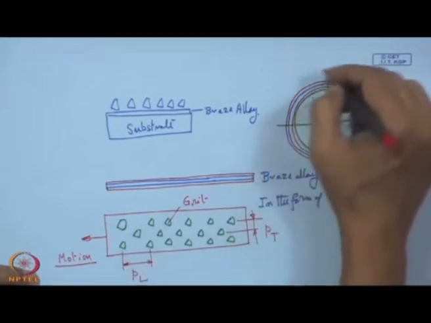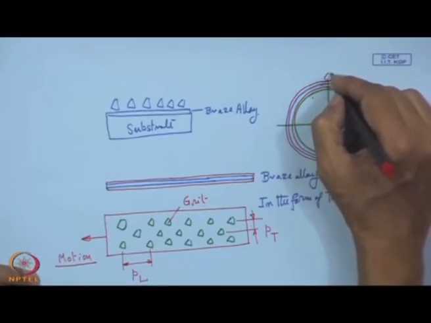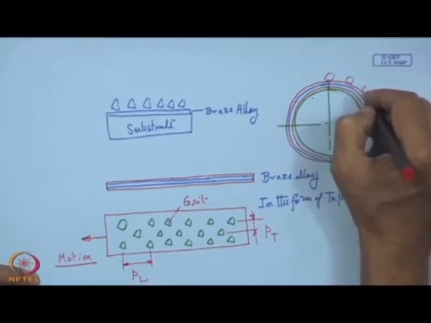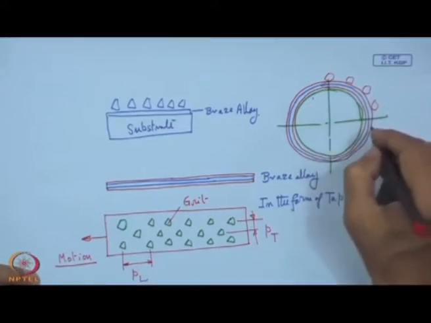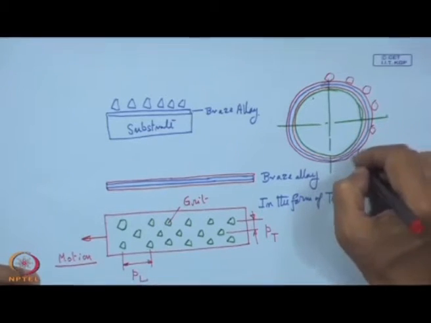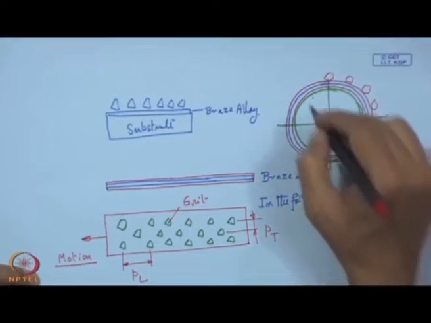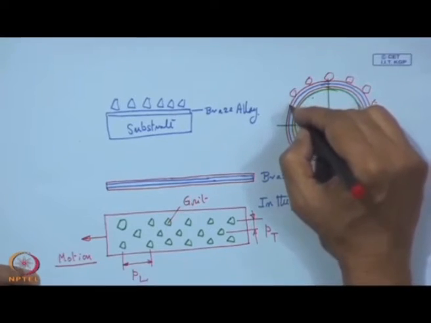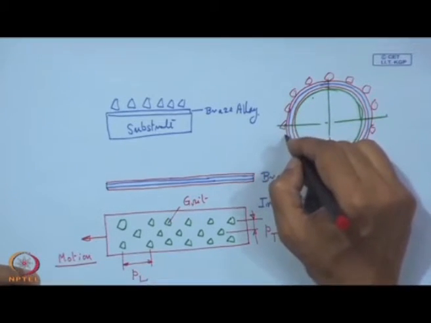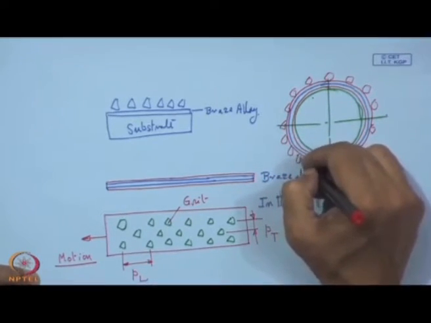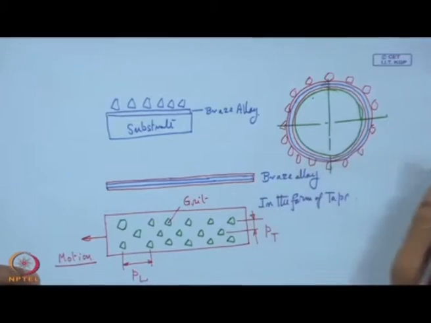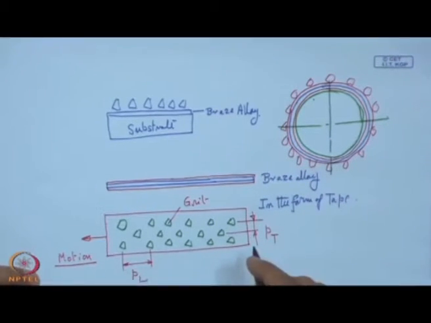It will be wrapped over this surface just like these grits. Though it is not a continuous coating, it is actually a monolayer of abrasive grit, and this is going to be used. So, this PL and PT, these are two parameters, and with screen print technology it should be possible.